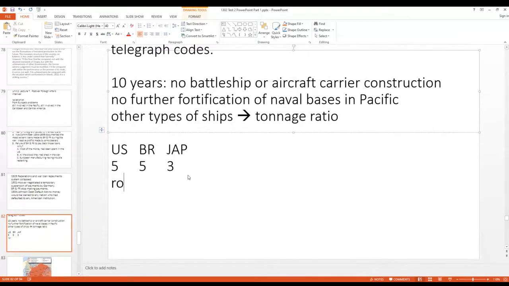Privately, the Japanese referred to this as the Rolls-Royce, Ford ratio. But they accepted it. And again, the United States had known how far it could push the Japanese without them splitting the whole scene.